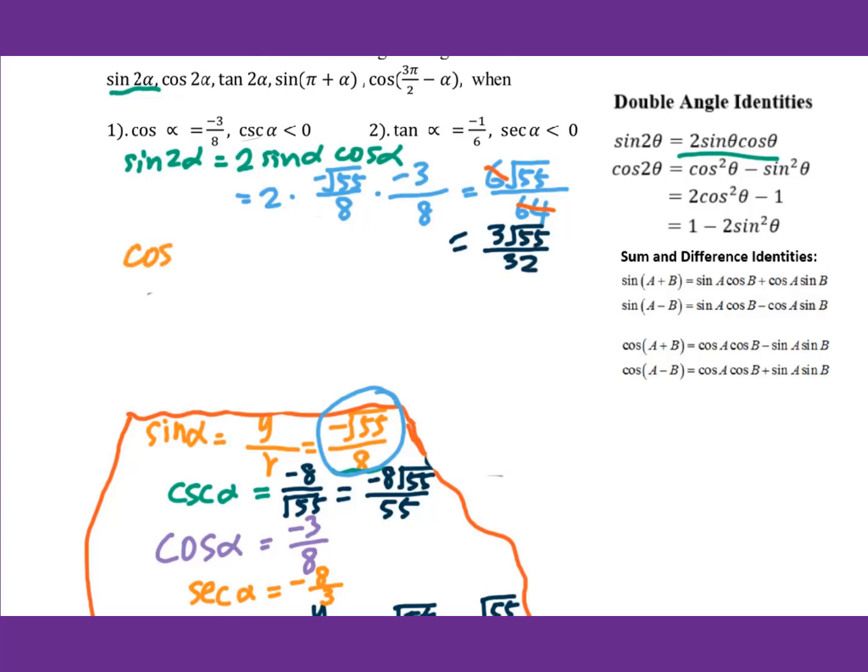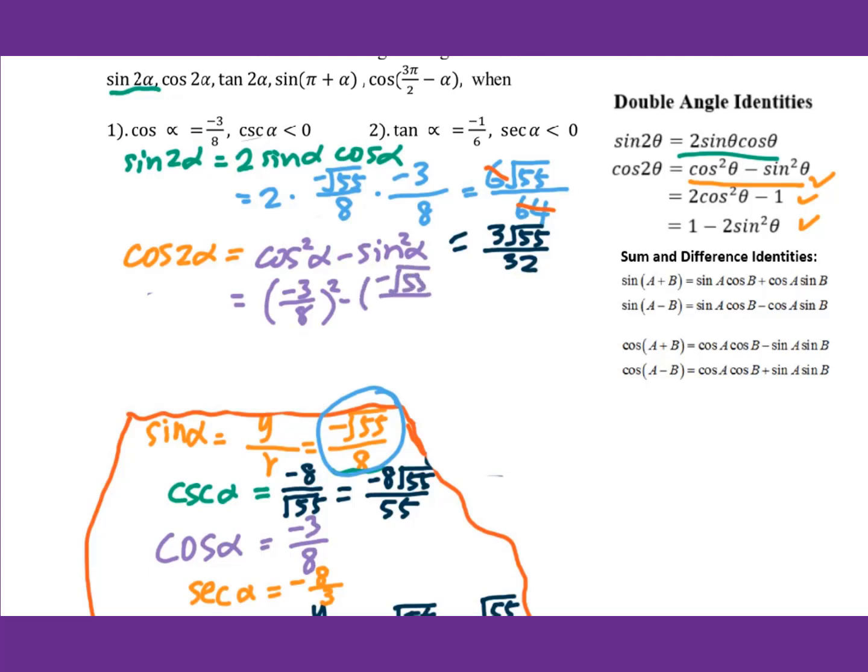For cosine 2 alpha, using this formula, you can choose any of these 3, but normally the first one is easier. Let me write down the formula first. Cosine squared alpha minus sine squared alpha. So we get negative 3 over 8 squared minus negative square root of 55 over 8 squared.